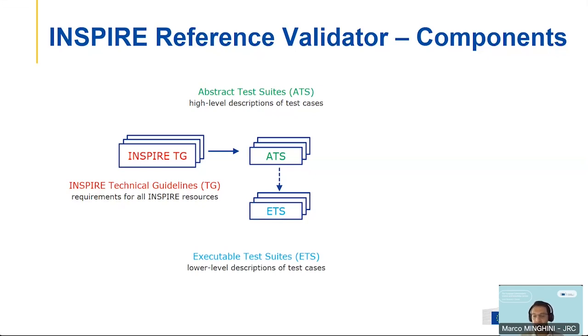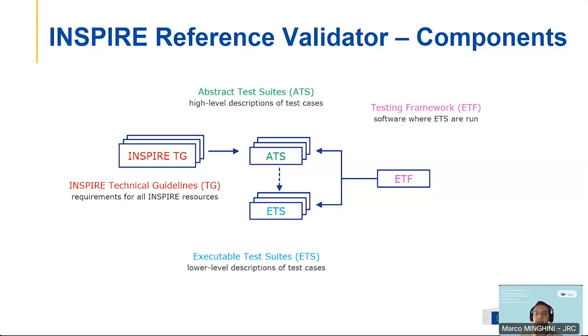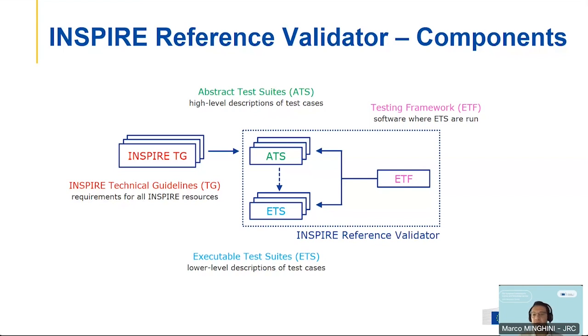So the executable, let's say the concrete descriptions of the test cases. So in other words, the code that is executed to actually run tests. And finally, the ETF, which I presented before, is the testing framework where the ETS are run. And when we speak about the INSPIRE Reference Validator, we actually mean the, let's say, composition of the three. So the ATS, the ETS, and the ETF.